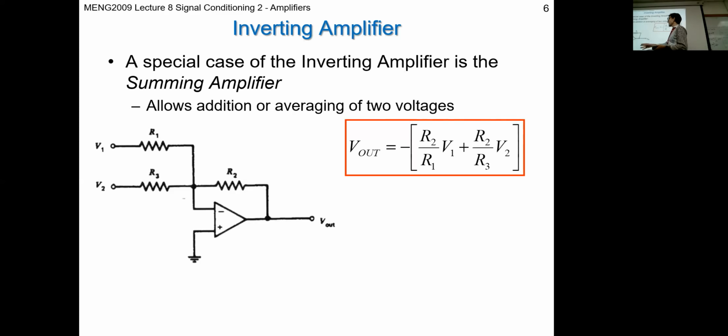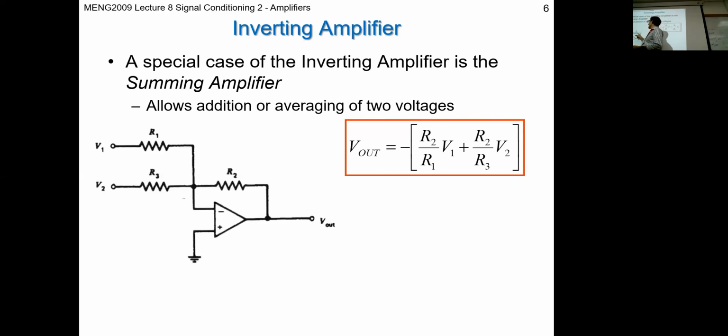But what we have here, like I said, is two inputs. We've got R1 is our V1 input. R2 is our feedback resistor. But then we also have this R3, which is on our second input. And if we work that through, the output voltage is really the average of V1 and V2 times the relative gains of each path.